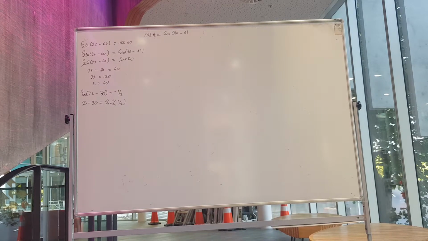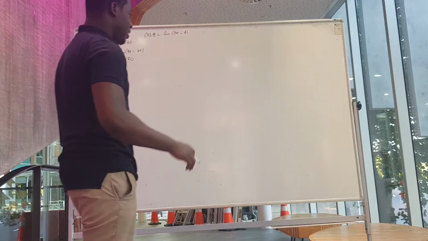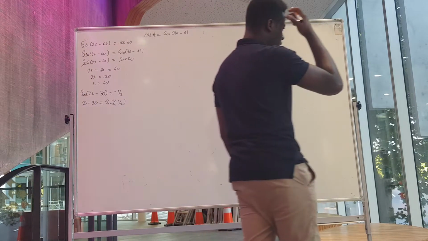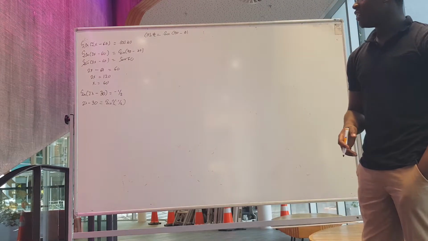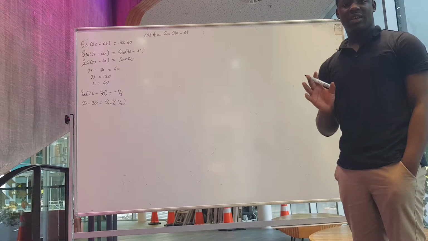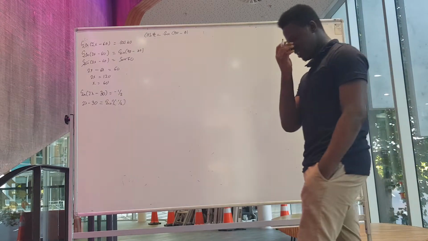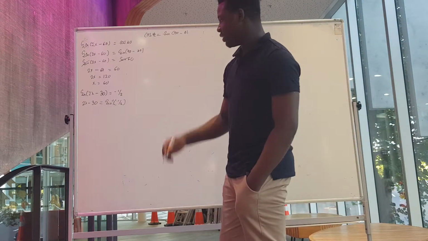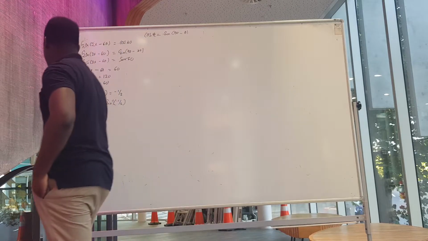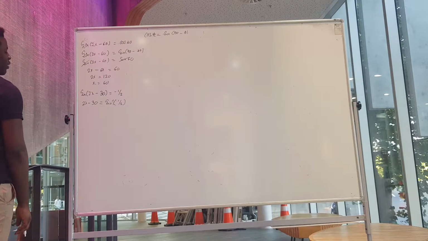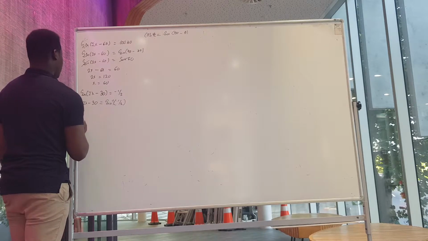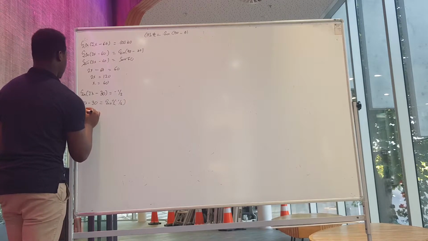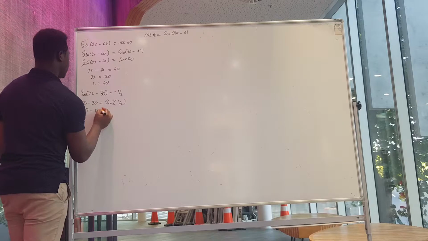So what we do is we look for the quadrant where sine is negative and how to reduce the angle in that quadrant. In the third quadrant, to reduce an angle, it's the angle minus 180 degrees.